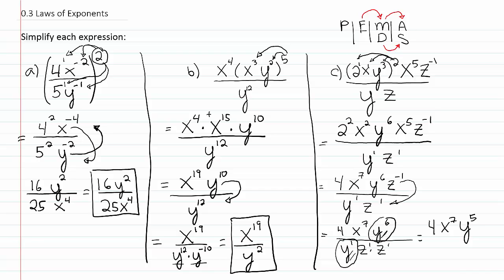So it's y to the 6th minus 1 becomes y to the 5th. Now in the denominator, I move that z down, so now I have two z's multiplied. Since they have a common base, we'll keep the base and we'll add the exponents. It's going to become z squared. So in the end, this is our final simplified expression. It's 4x to the 7th, y to the 5th over z squared.